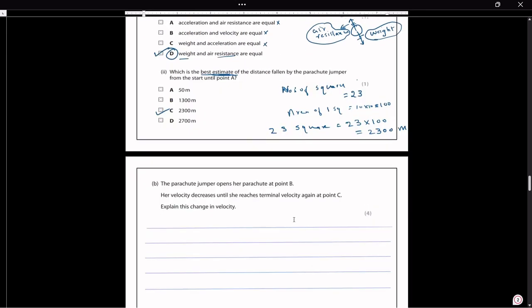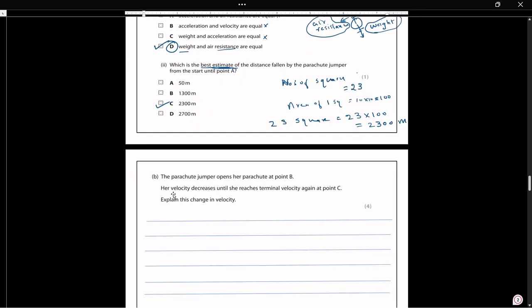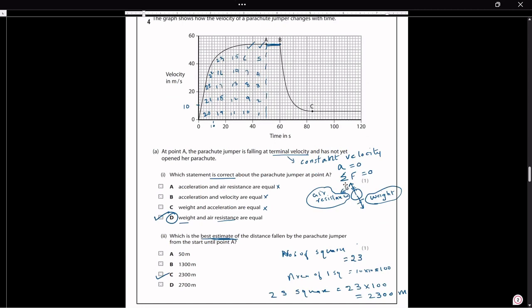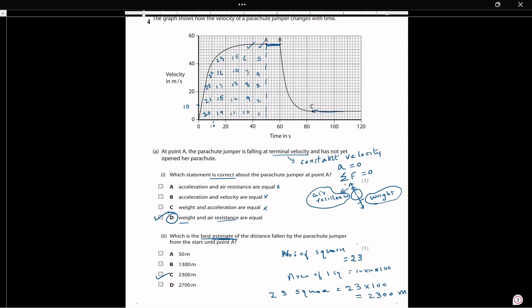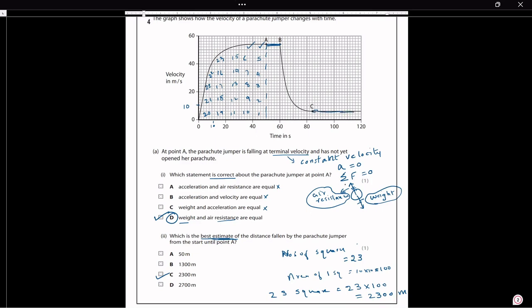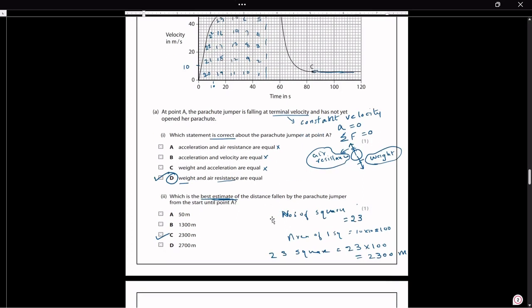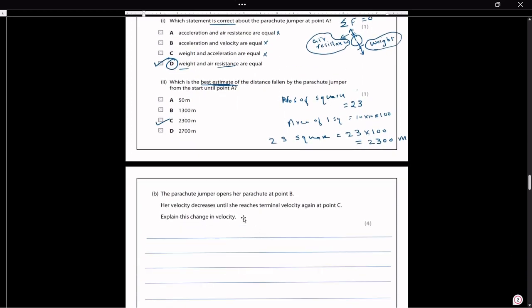At C, there is a constant velocity drawn like this. So from C, the velocity remains the same, constant. That part they are asking you to explain.